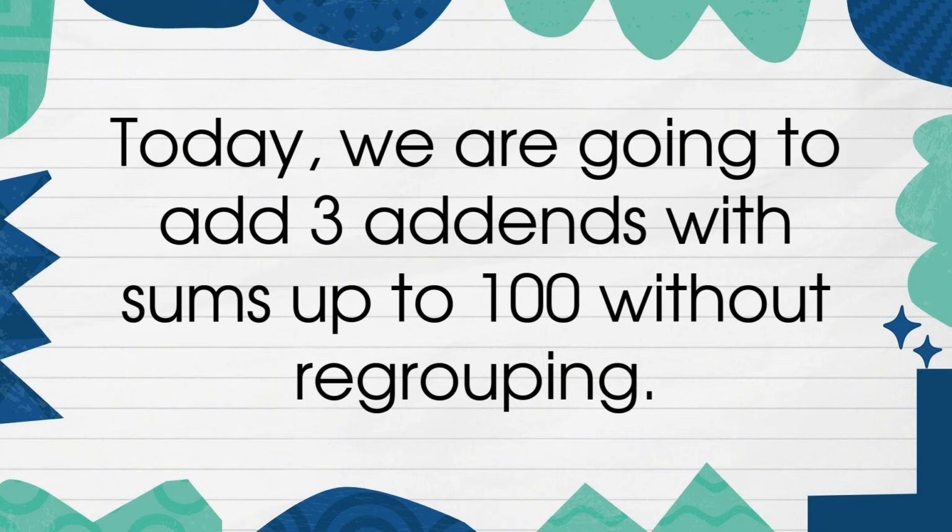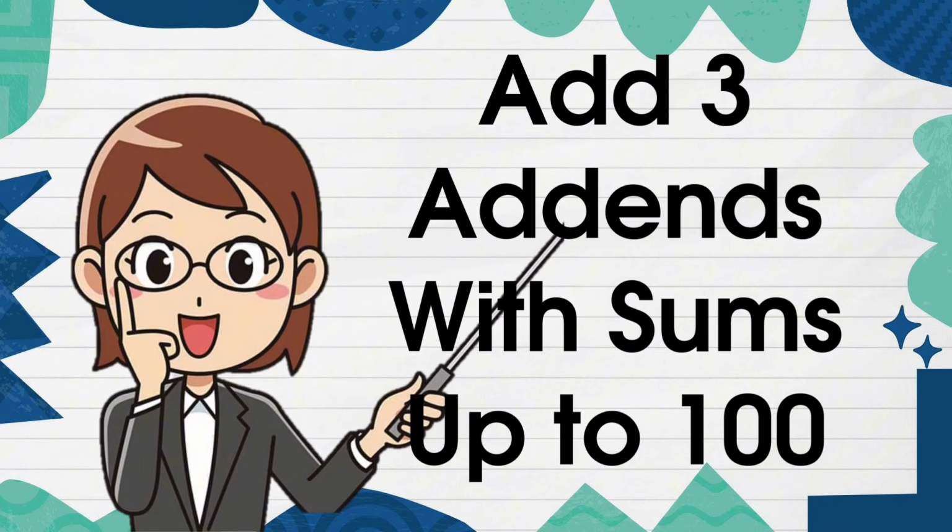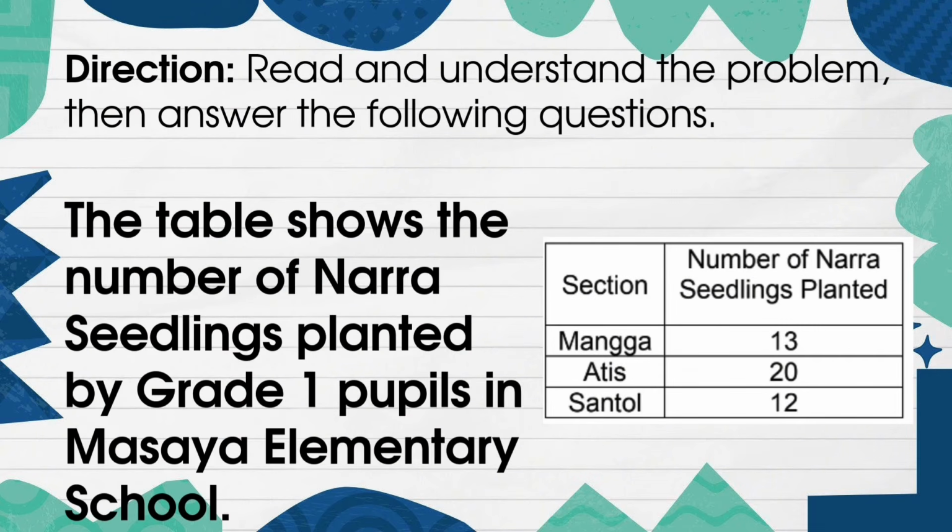Today, we are going to add 3 addends with sum up to 100 without regrouping. Here are the words that you could learn during our topic. Add 3 addends with sum up to 100. Read and understand the problem, then answer the following question.